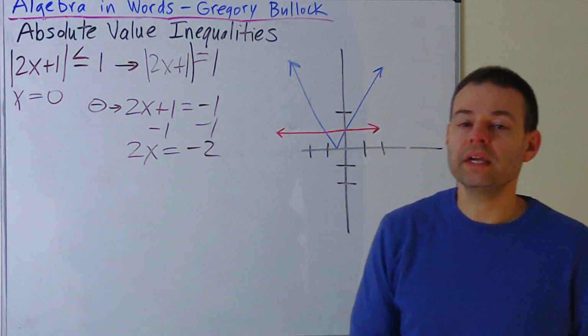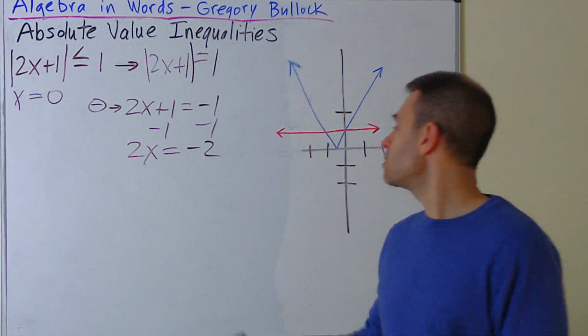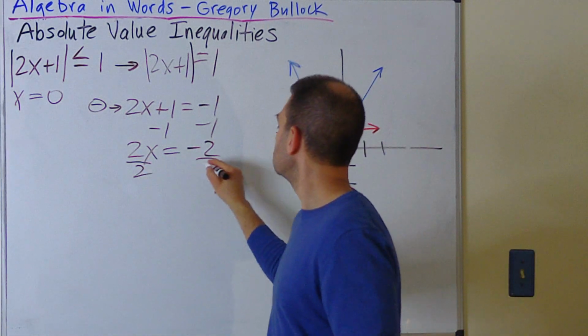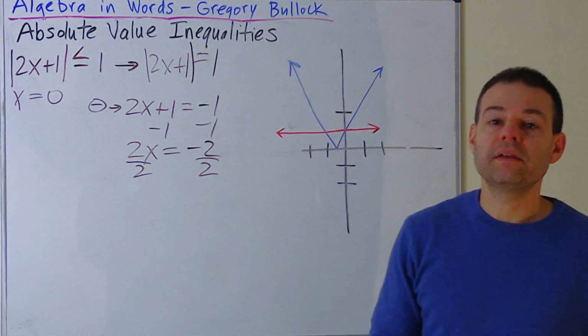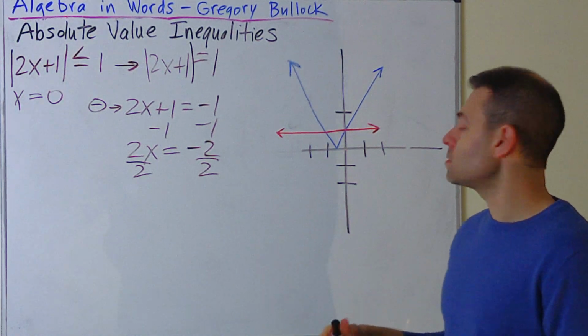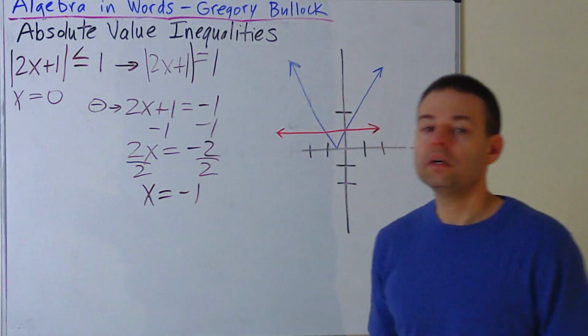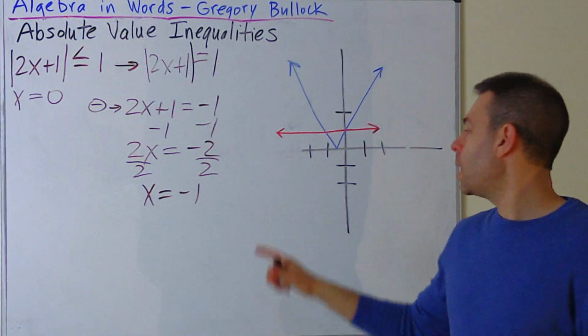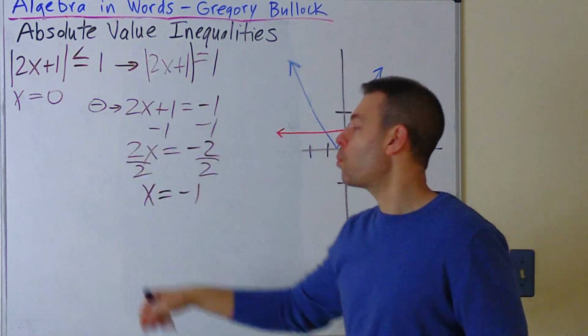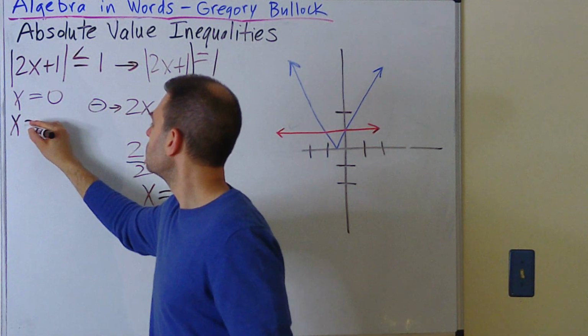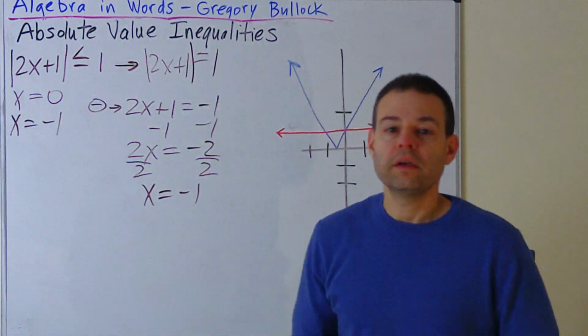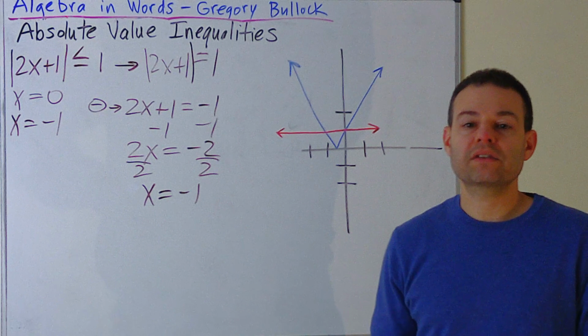Divide both sides by the coefficient 2. And negative 2 over 2 is negative 1. So we get x equals negative 1. And again, just to save room, I'm going to move this over here with that other one. And so we have x equals 0 and x equals negative 1.